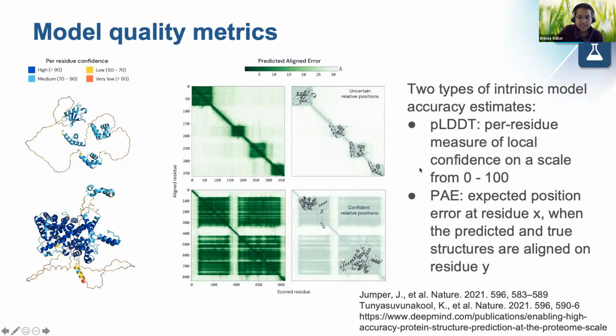The second metric is the predicted aligned error, or PAE score, which is the expected position error at residue X when the predicted and true structures are aligned on residue Y. PAE enables the assessment of residue contacts as well as domain orientations. So these are the two kinds of quality assessment metrics available from AlphaFold DB and Model Archive.